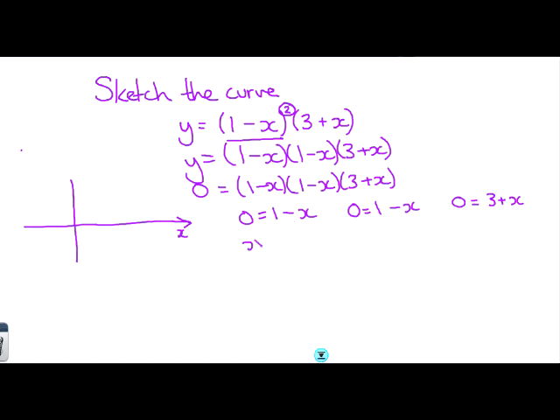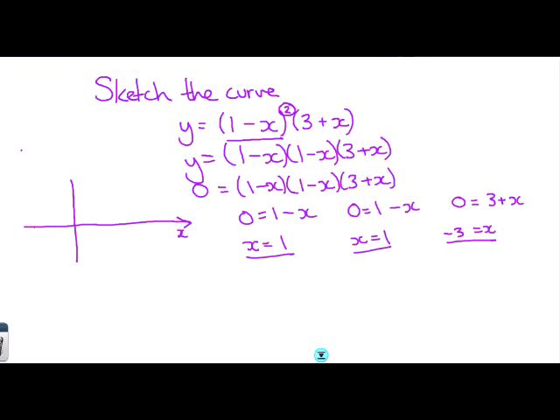So x must be equal to 1 twice. So that should tell you something about the graph already. And x is equal to minus 3.